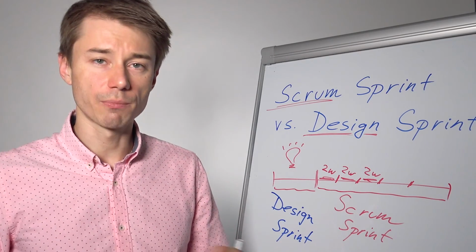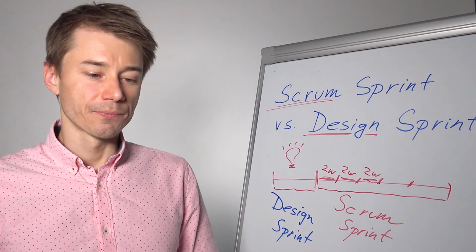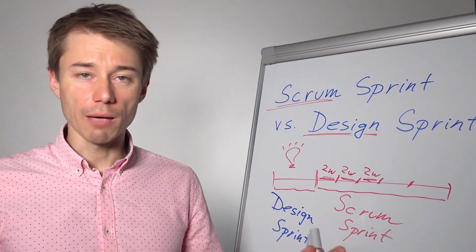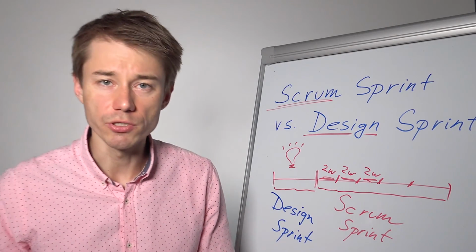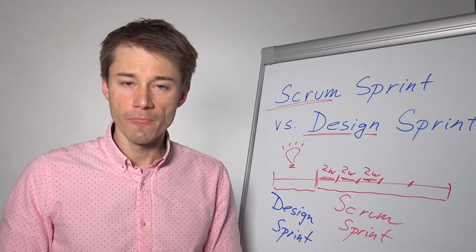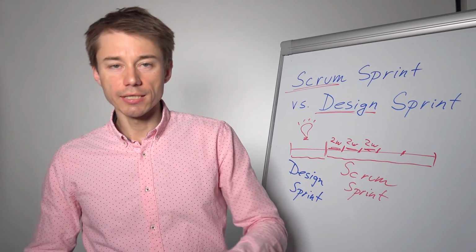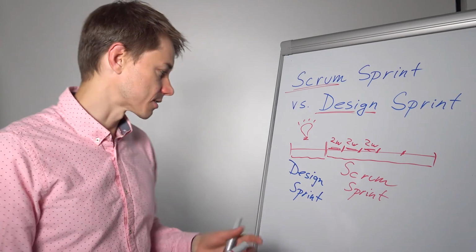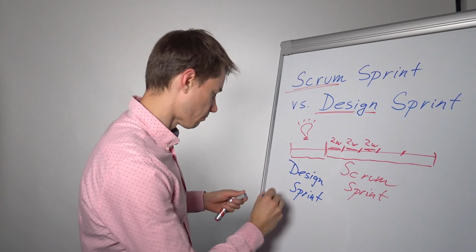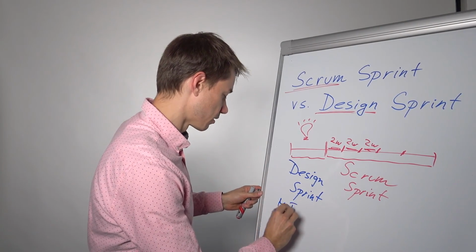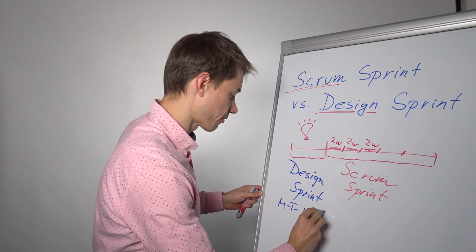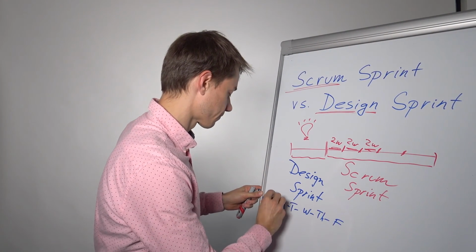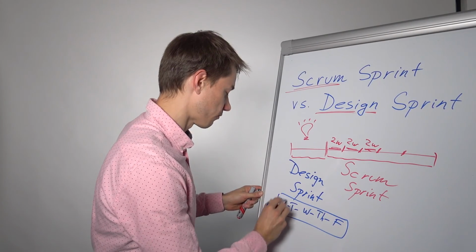Usually we prototype, we build a simple clickable prototype, maybe in InVision or some other similar tool. And on the last day, we usually go out and test with customers. Okay, so that's why 5 days. I'll type it here, Monday, Tuesday, Wednesday, Thursday, and Friday. Okay, so 5 days only.